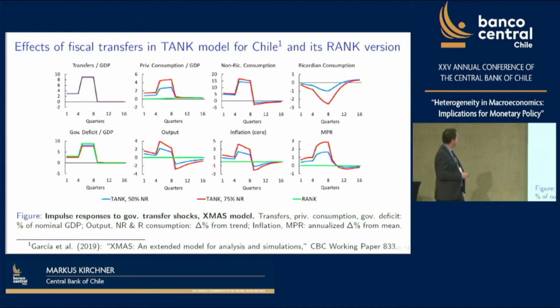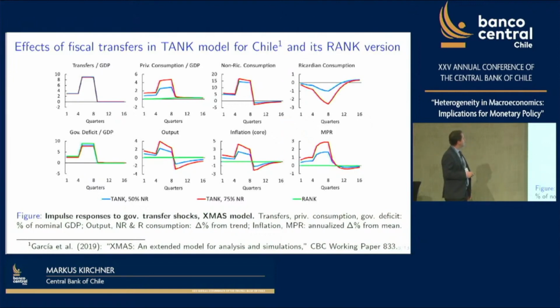And then we computed the impulse responses of private consumption as a share of nominal GDP, responses of non-Ricardian households, Ricardian households, the government deficit, so this is a deficit-financed increase in government transfers, and the response of output, inflation, and the monetary policy rate.